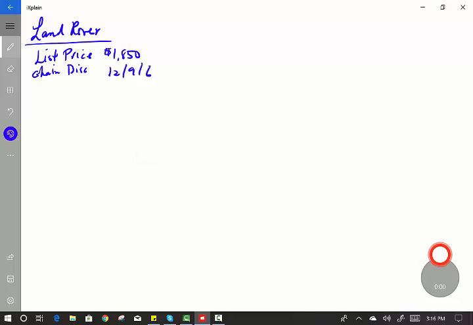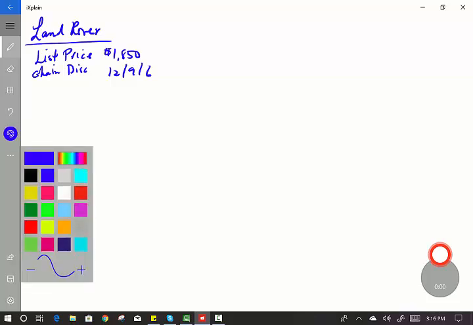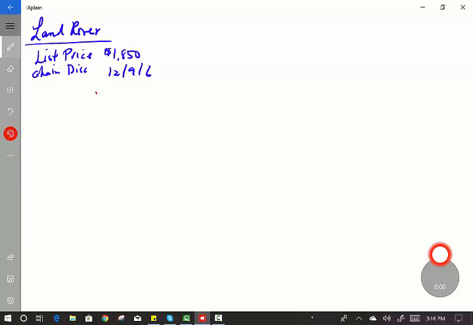I'm going to take the complements of each one of those discounts, which would be 0.88 after I move the decimal point 2 places to the left, times 0.91 times 0.94.